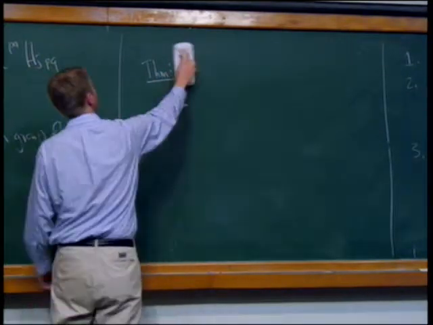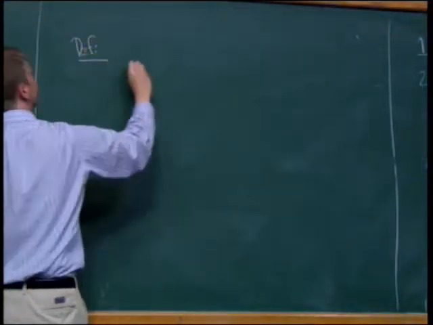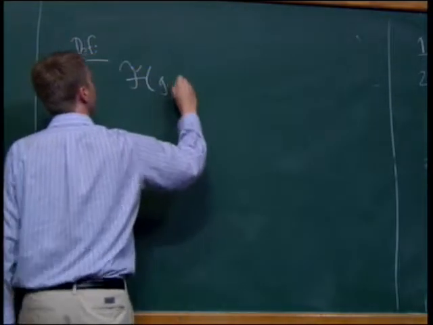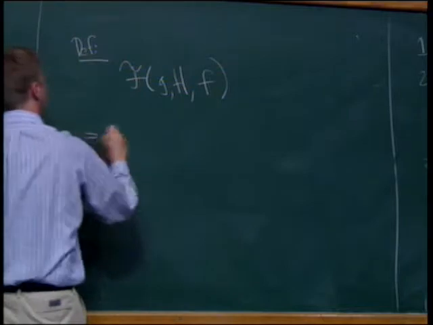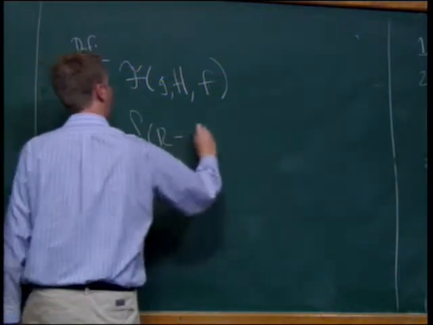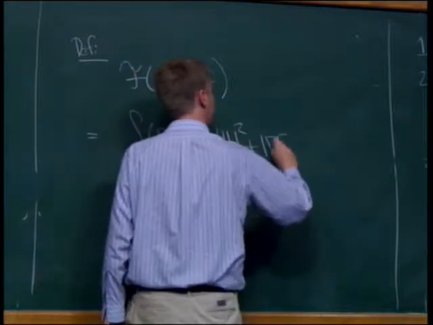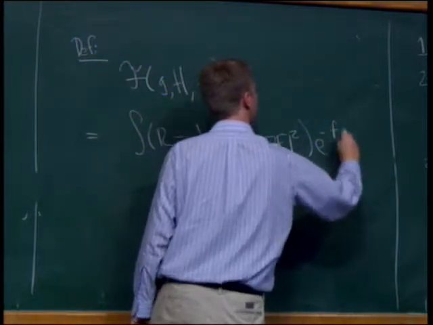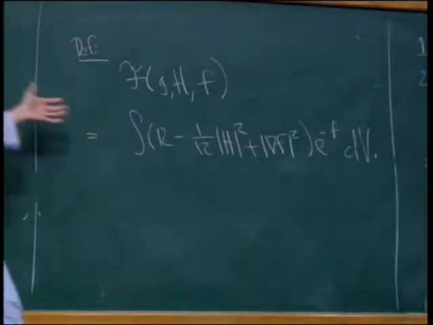Sorry, let me not state the theorem yet. So for instance, one can define this functional script F, which takes a metric, a closed three-form H, and a function f, and gives you the integral of R minus 1/12 norm H squared plus norm grad f squared, e to the minus f dV. So for those familiar with Ricci flow, you'll recognize this.